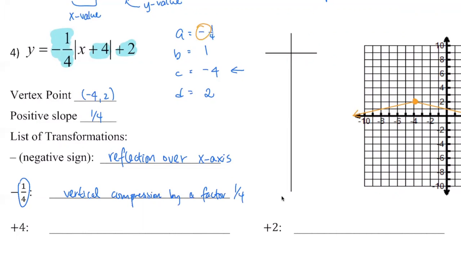And the +4 right here inside the absolute value means shift left 4 units. And then the +2 outside means shift up 2 units.